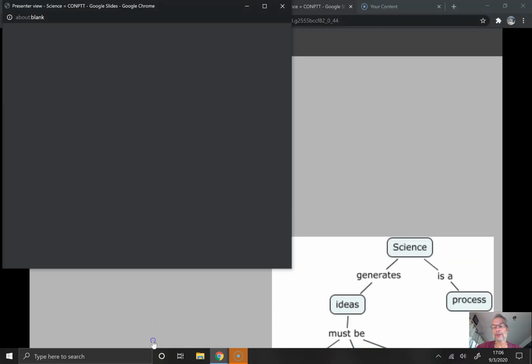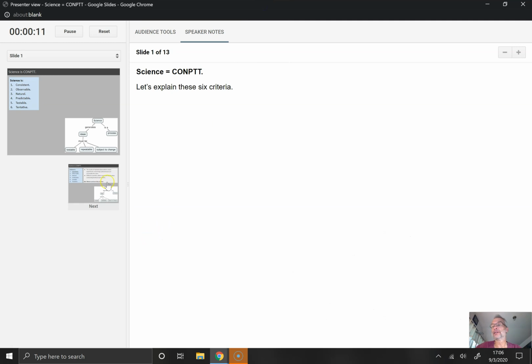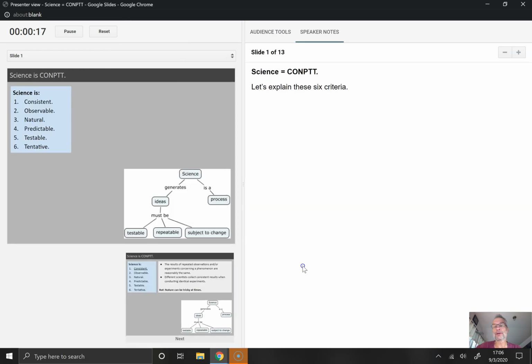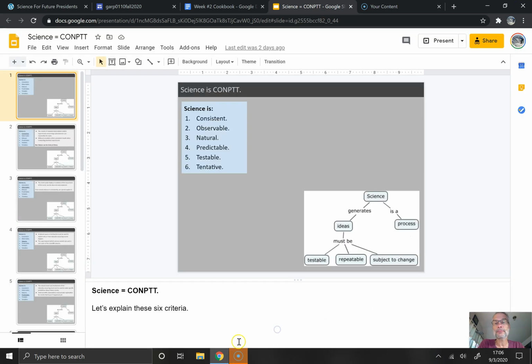Right, there we go. And then maybe that's the way you want to look at it, where you have the slides and then the notes, and you can move this back and forth so you can see the slide and the notes. So 3 different ways for you to look at these slide decks. I'm just going to go with the very basic one here.